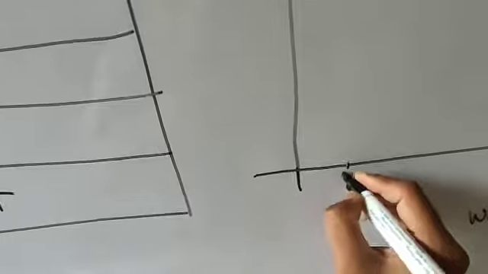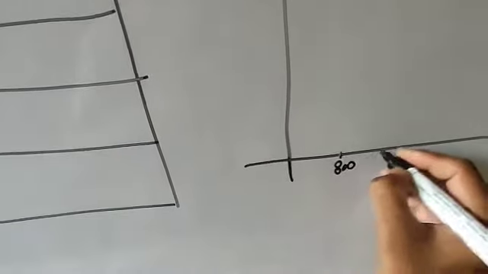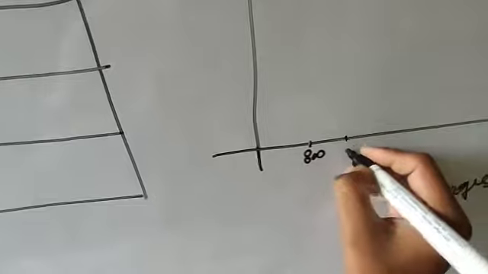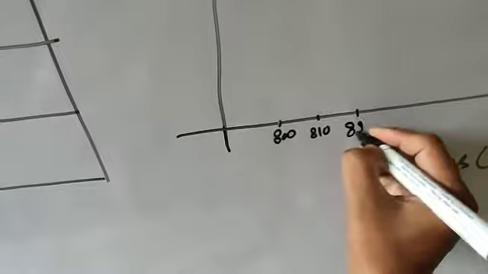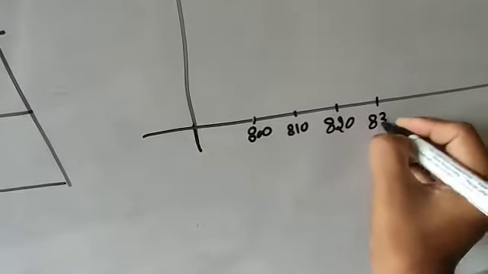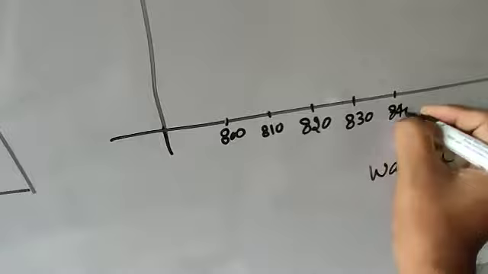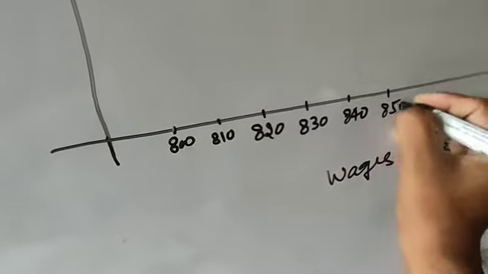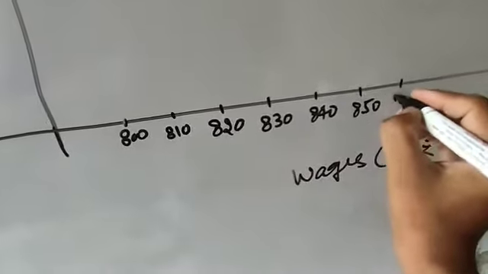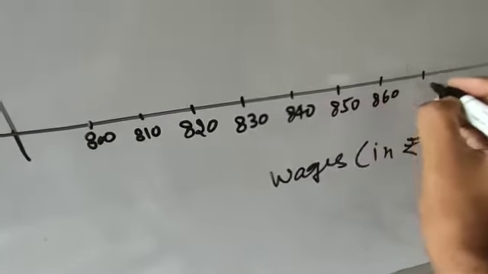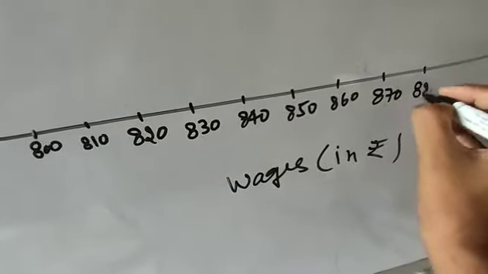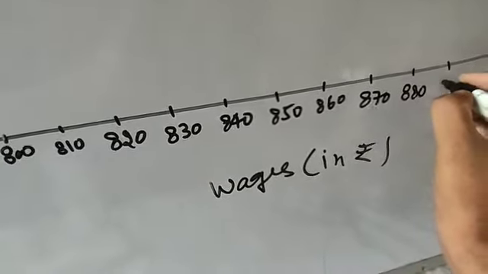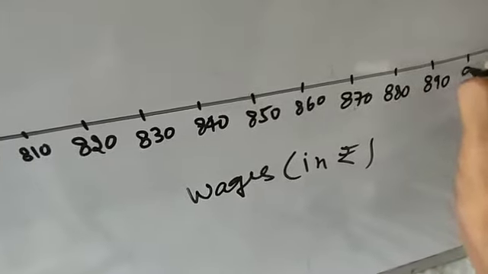So from here I am going to write 800, then here 810, 820, 830, 840, 850, 860, 870, 880, 890 and 900.